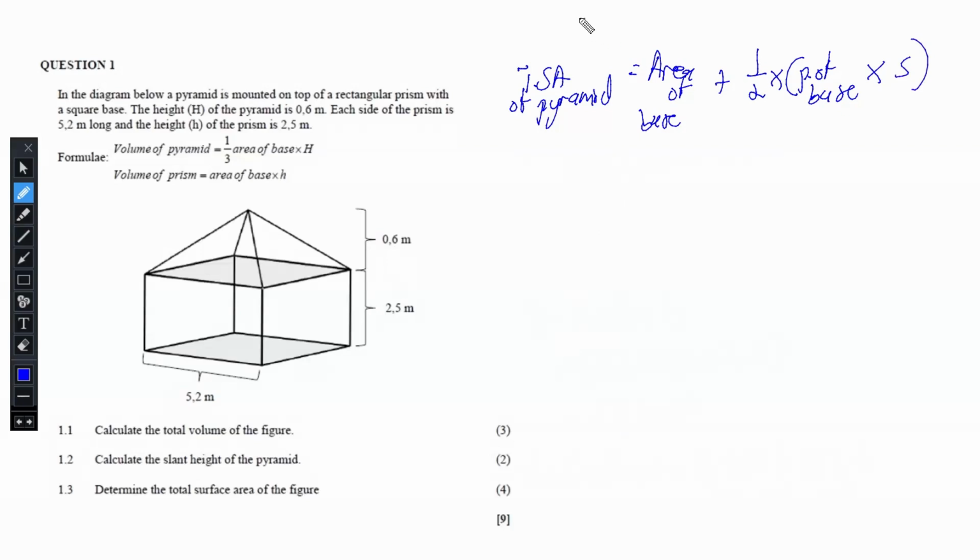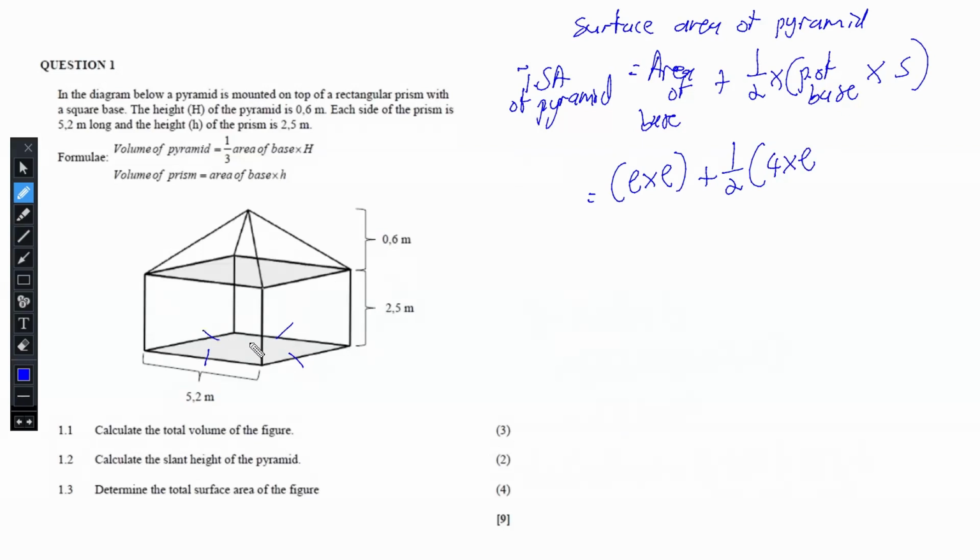So let's start by calculating surface area of pyramid. Okay, area of the base, remember this is on top of a square base, so that would have to be the length multiplied by the length, then plus half the perimeter of the base, that would be 4 times the length, because remember, 5.2 here, 5.2, 5.2, 5.2, so that would represent the perimeter of the base. Then multiply by the slant height. Let's now substitute.